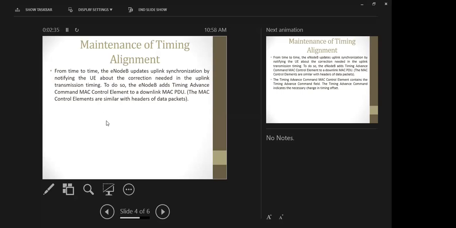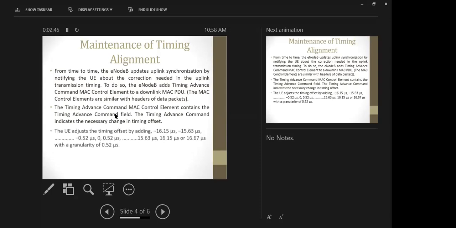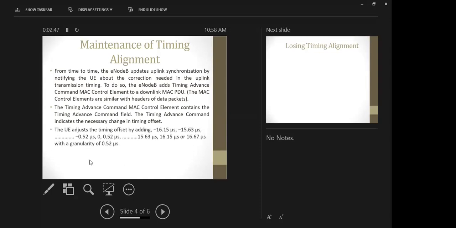Anyway, one of them is the timing advance MAC control element, which includes the timing offset information. So the timing advance command field, and the offset can take on many different values, like positive or negative values.